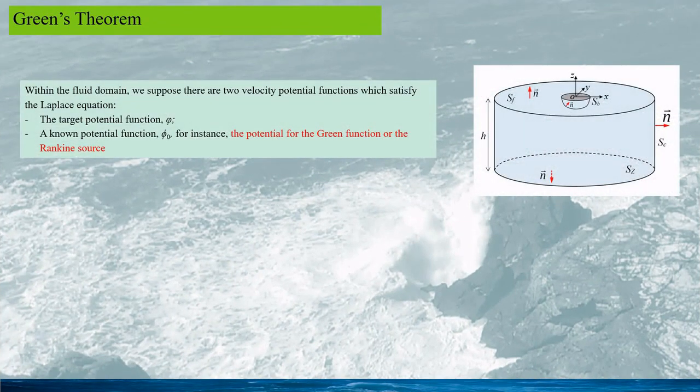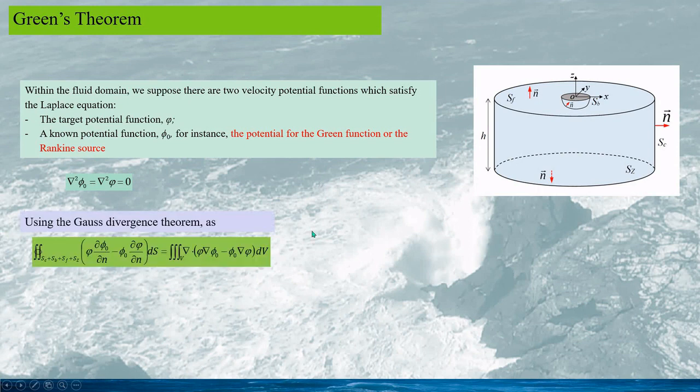In the fluid domain of interest, we suppose two velocity potential functions, the target potential function phi and the non-target potential function phi 0, for instance, the potential for the Green function or from the Rankine source, and both potential functions satisfy the Laplace equation.